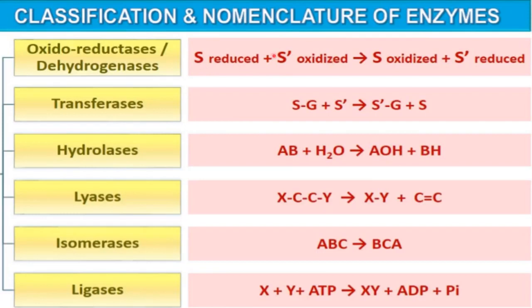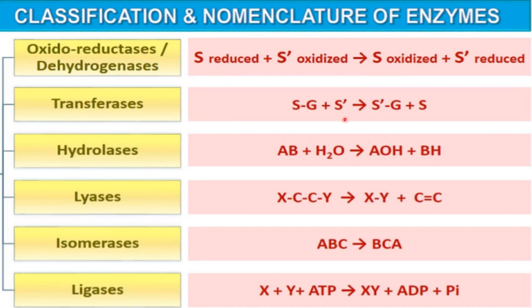There are 2 substrates, one S is reduced and S1 is oxidized. So when the enzyme works, this reduced substrate will get oxidized and this one will get reduced, right? So these enzymes work like this for oxidation and reduction reactions. Simply, the enzymes which help in oxidation-reduction reactions are called oxidoreductases.